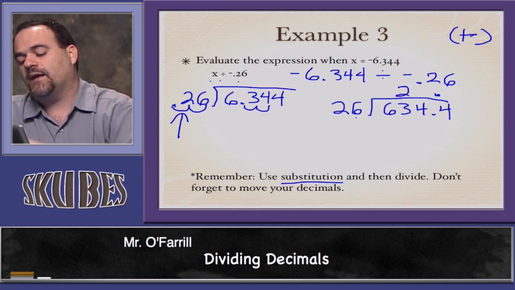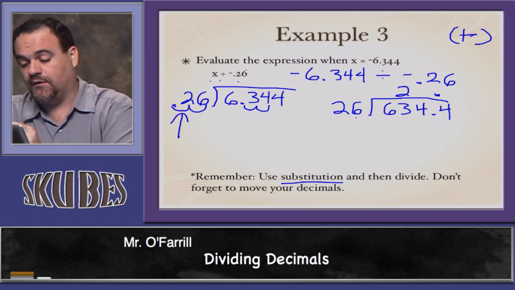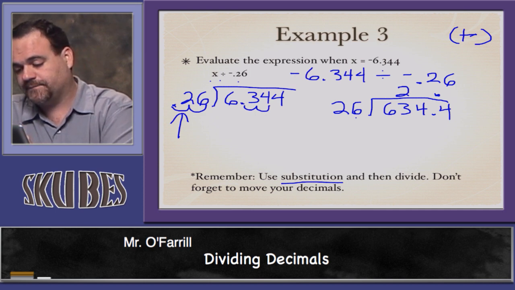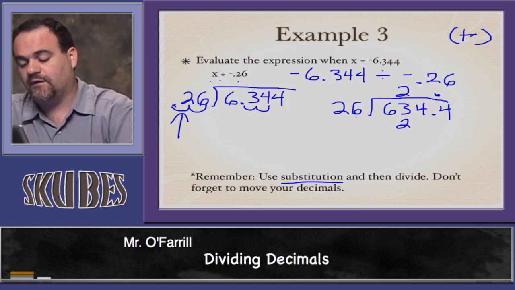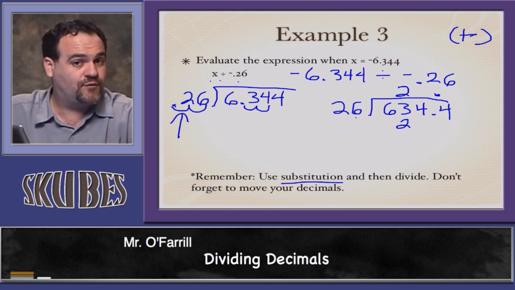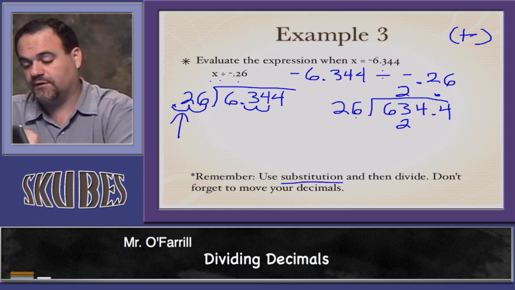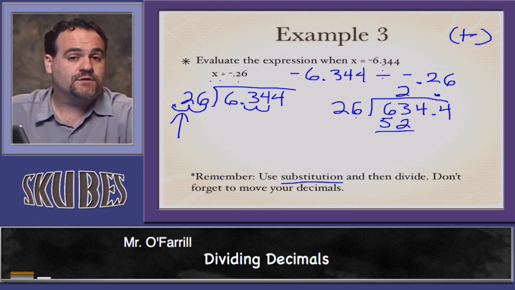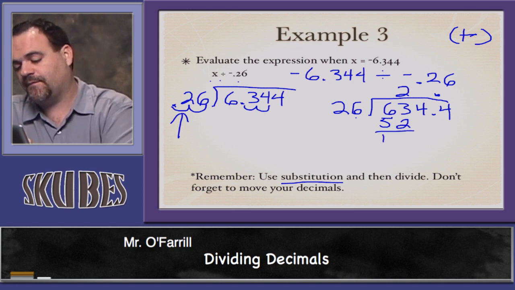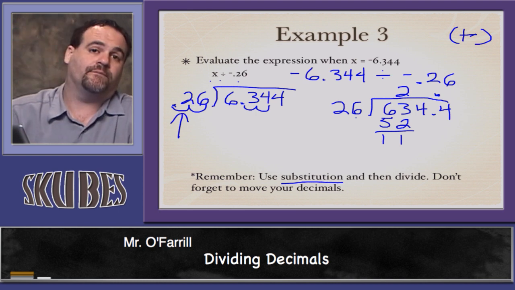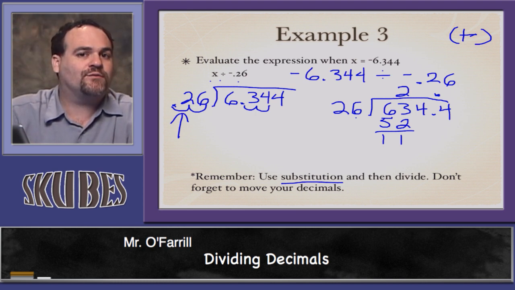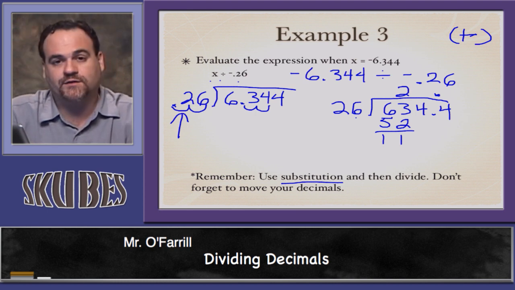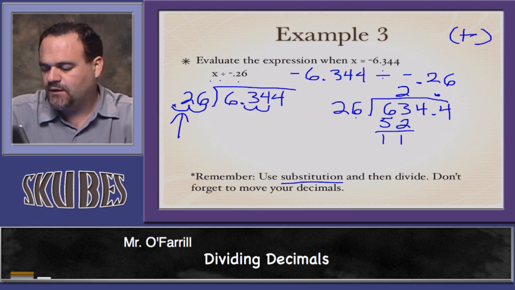And 2 times 6 is 12. Carry that 1. 2 times 2 is 4. Plus 1 is 5. We have 52. Subtract those numbers, and you get 11. 11 is smaller than 26, so I know that we made the right choice, choosing 2 instead of 3.